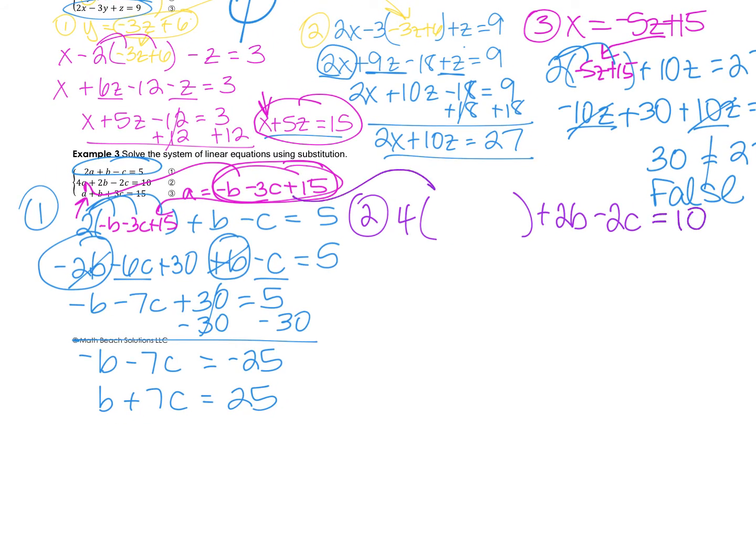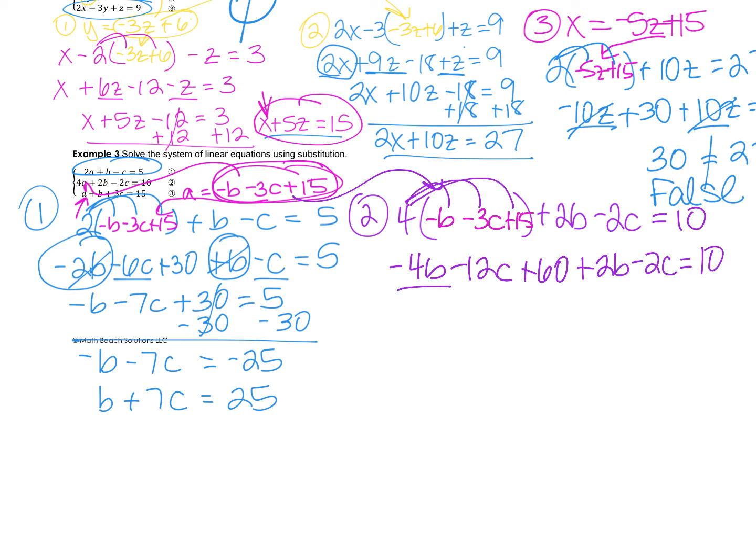So in place of your A, you're putting negative B minus 3C plus 15. When I distribute, that's negative 4B, minus 12C plus 60, and then bring everything else down.